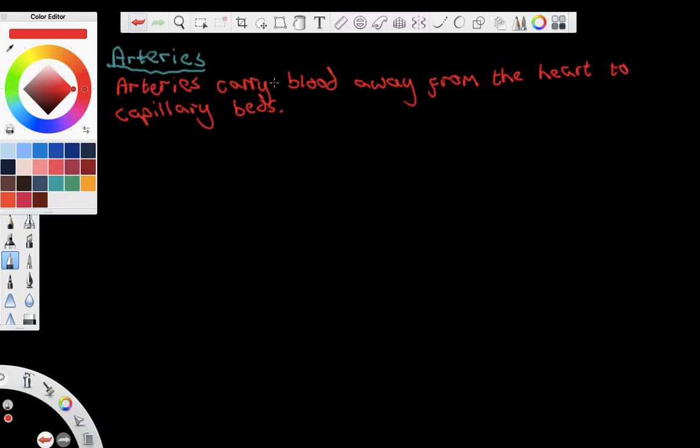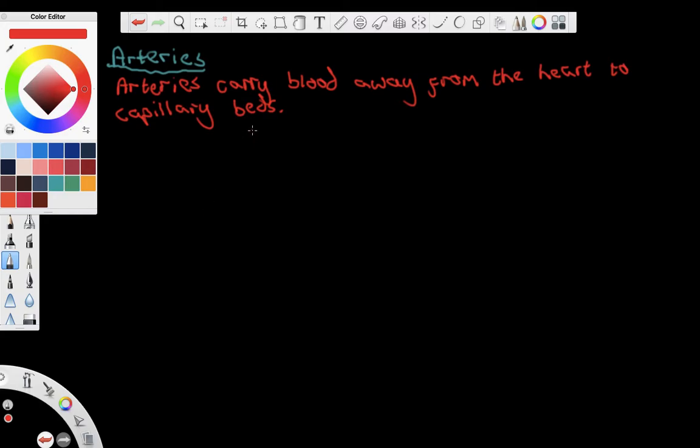Now they are very thick-walled, they are very muscular, and they have elastic tissue to cope with the high pressure caused from heartbeat. So this high hydrostatic pressure. Okay?